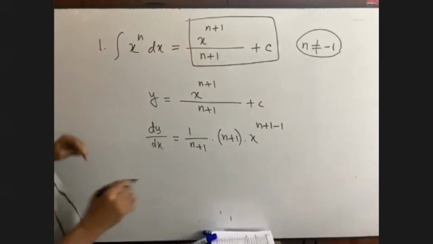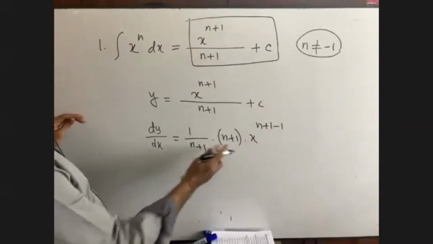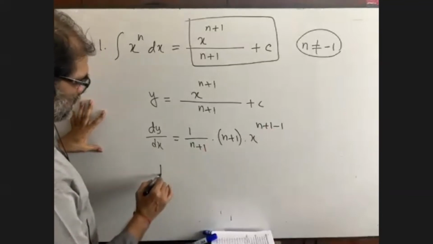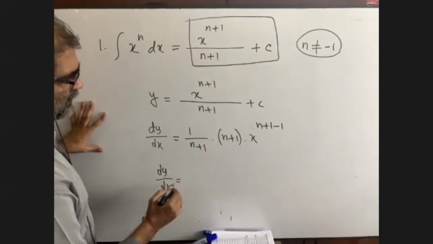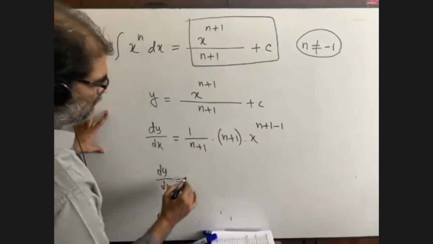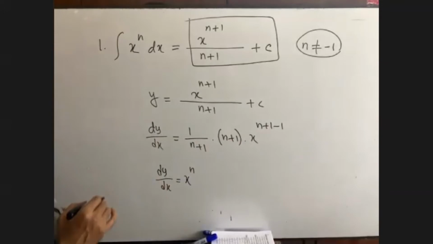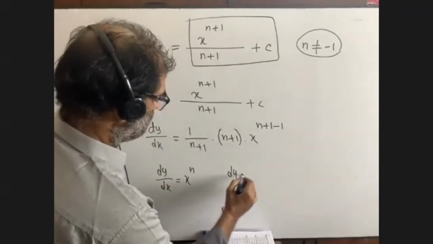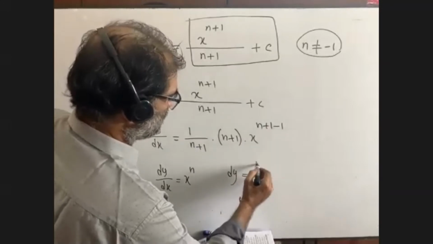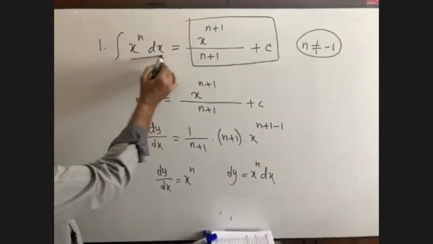So the 1 and minus 1 will be omitted. So dy by dx is equal to x to the power n. That means from here we can write dy is equal to x to the power n dx.